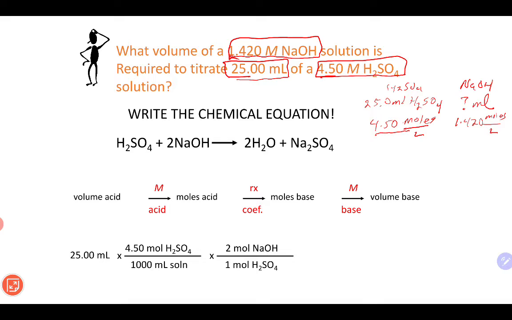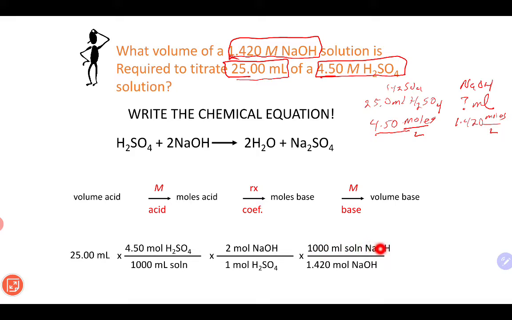Also, moles of NaOH has to be on the bottom of this next fraction. So how am I going to write that molarity in here? Is it going to be 1.420 over 1, or over 1,000? Or is it going to be 1,000 over 1.420? Well, it's 1.420 moles, so that goes on the bottom of this fraction. So this is the inverse of the fraction that we would write for the molarity.